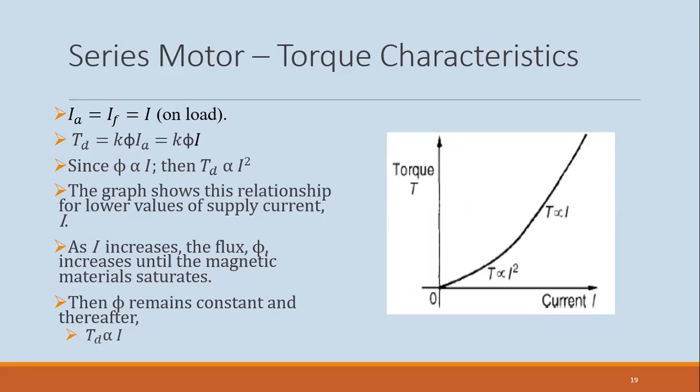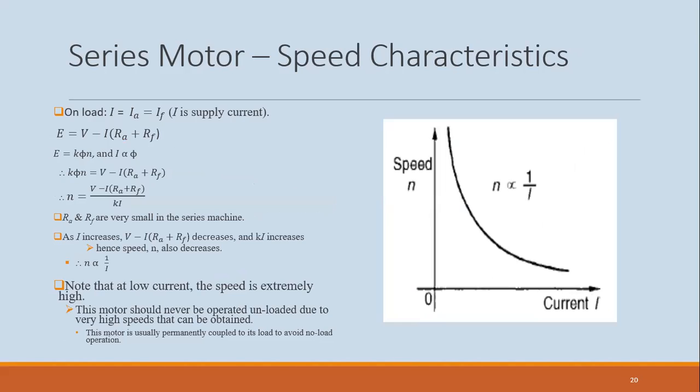All right, so the first graph we showed was torque versus current. This one now is speed versus current. And how we arrive at this graph is again detailed on the left here.